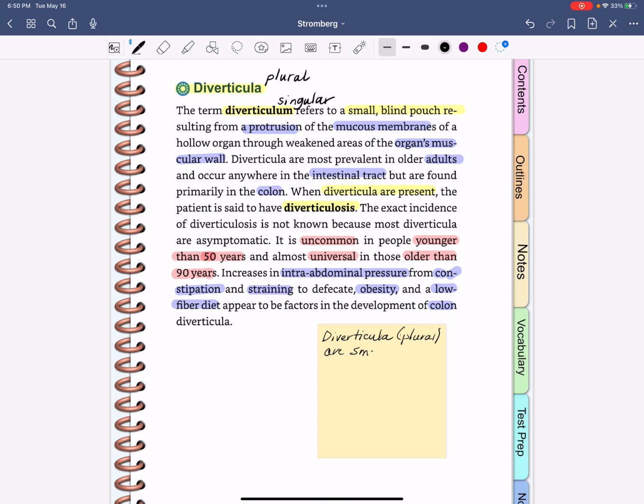small pouches that protrude or stick out from the mucous membranes of the colon.